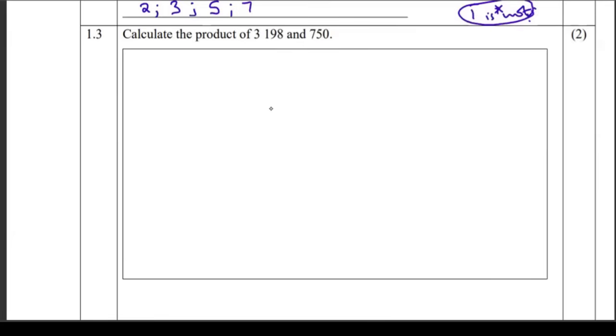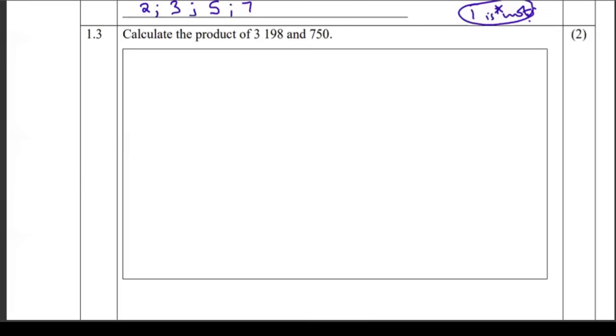Some people would prefer to use the Pison's square method. I would prefer to use the column method, for as long as the target is to get to the answer. So I'm going to use the column method and see.